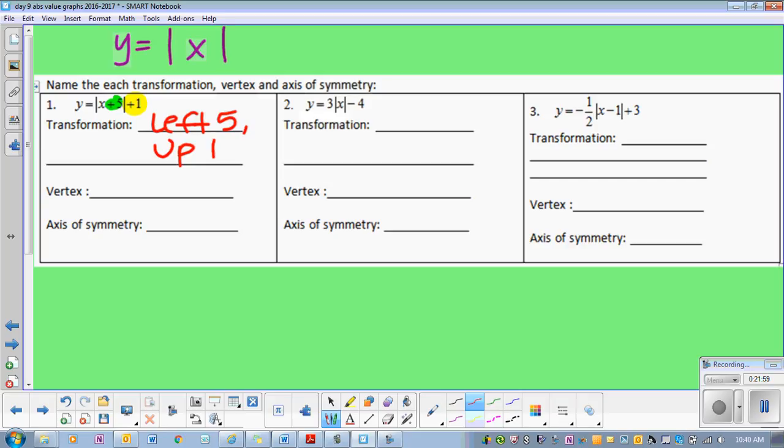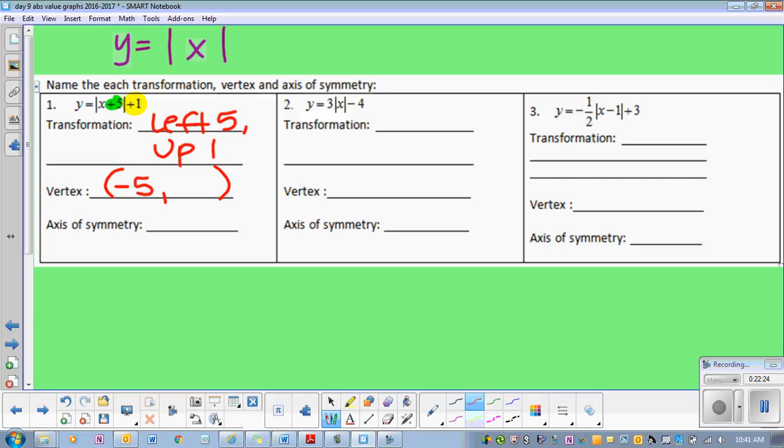Okay, so what is my vertex? What is the opposite of the number inside with the x? -5. Right now, the number inside is +5, right? Opposite would be -5. And then what's my k number?